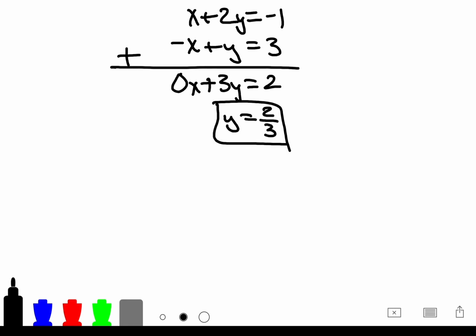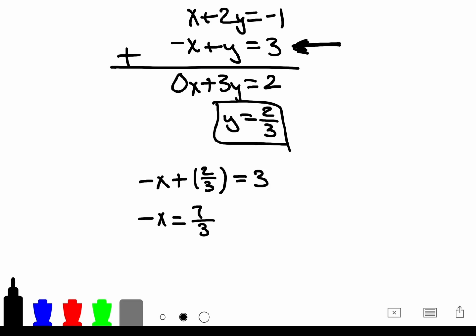With this new y value that we found, we can just plug it right back in to this lower equation. So it becomes negative x plus 2 over 3 is equal to 3. Just subtract on both sides to get negative x. It's going to be a funny number, 7 over 3.